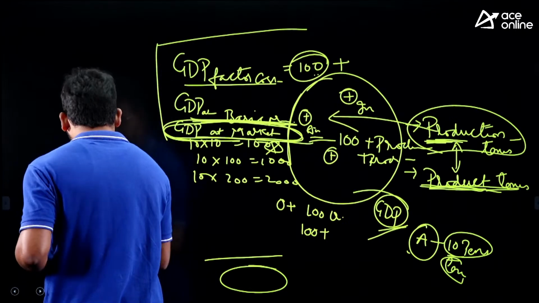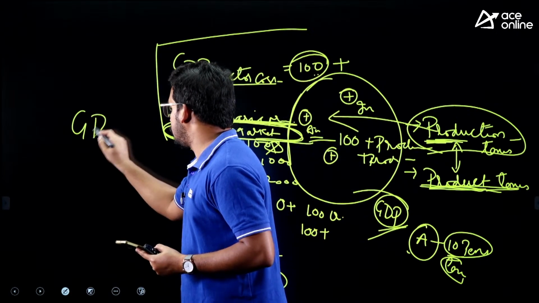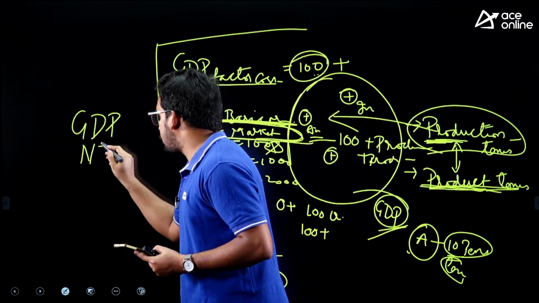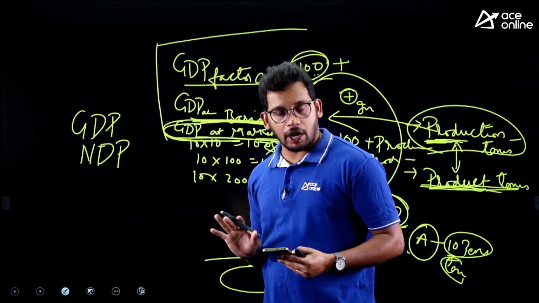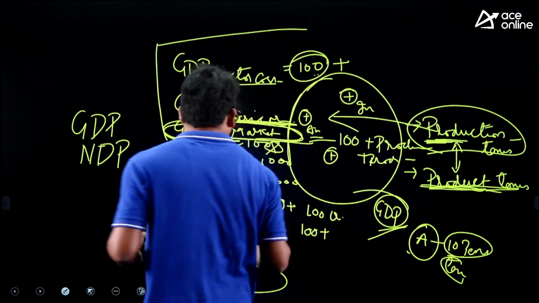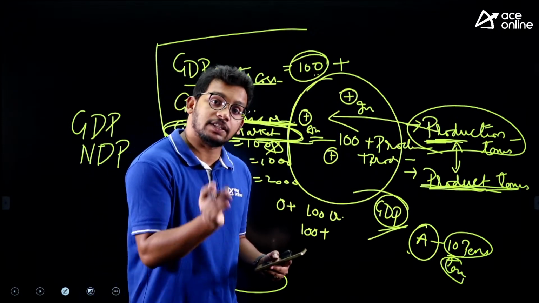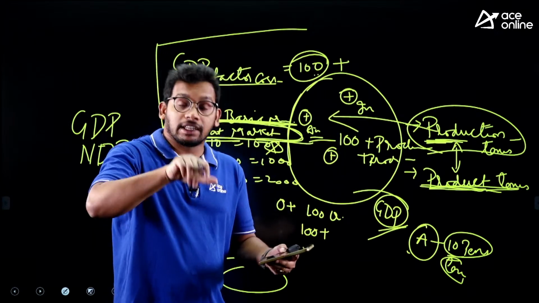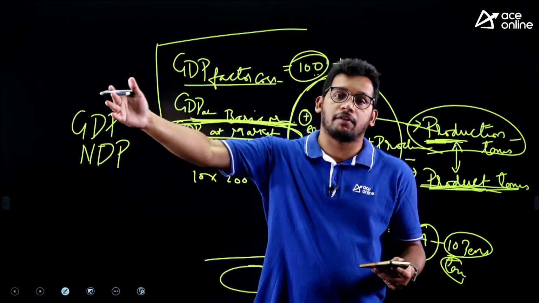Now, there is one more important measure. GDP means total value produced. Net domestic product, NDP, is based on the GDP. We have taken this year as an example, the 0th year. Next year, there are some goods which already exist. For example, I produced a machine last year, and I am using the same machine for next year's production as well, because it has a lifespan of 10 years.